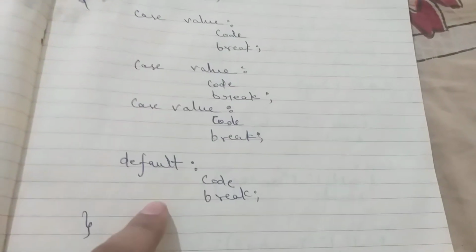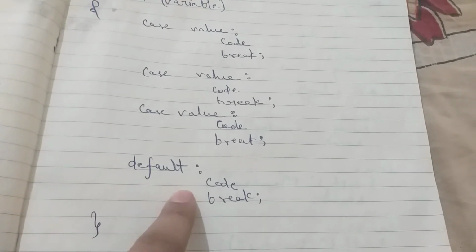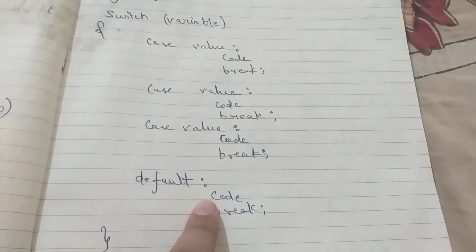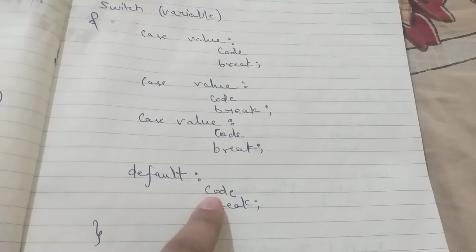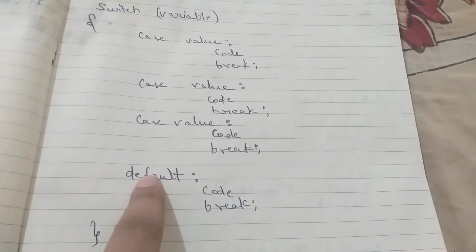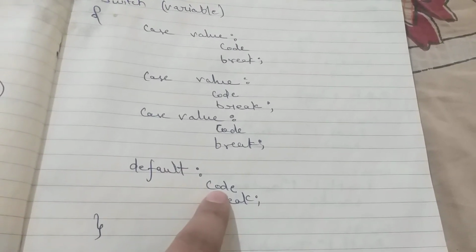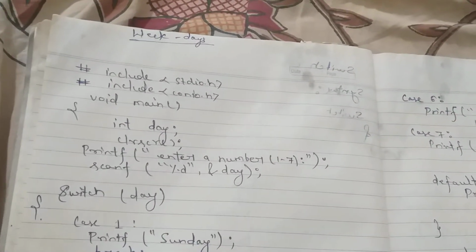So we use the break statement, and we also have to define a default case for every switch case statement. It is similar to a case value. In place of the case value we write default colon, after that code and break and semicolon, close curly bracket. So let us take an example in order to understand it better.